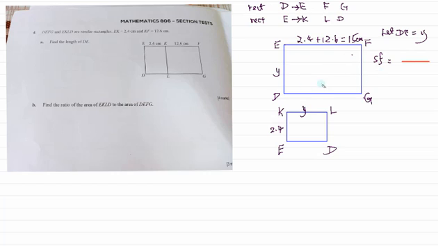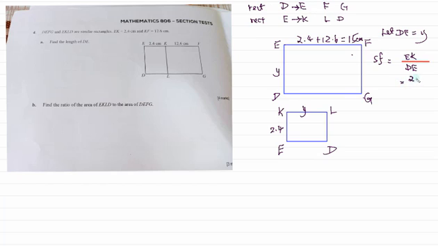Now let's do the first scale factor. This is the smaller one over the big one. The smaller one is 2.4, which is EK. Remember, you must follow the pattern the way you name it. EK, the corresponding line must be DE. So it's DE. Now let's put in the value.